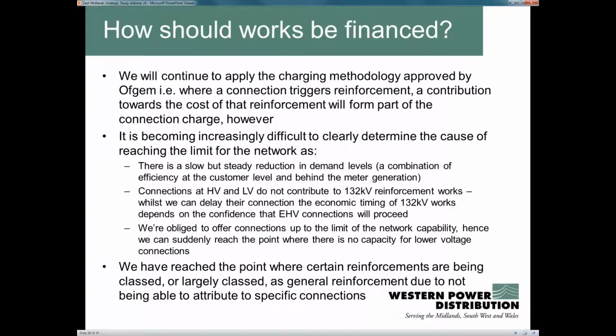So a key question is, how should these works be financed? We apply our charging methodology, which is approved by Ofgem. The general principle is that where customers are triggering works that upset the status quo of the network, where they can be easily identified and it's appropriate for them to be charged, then they should pay a particular percentage of that reinforcement cost.